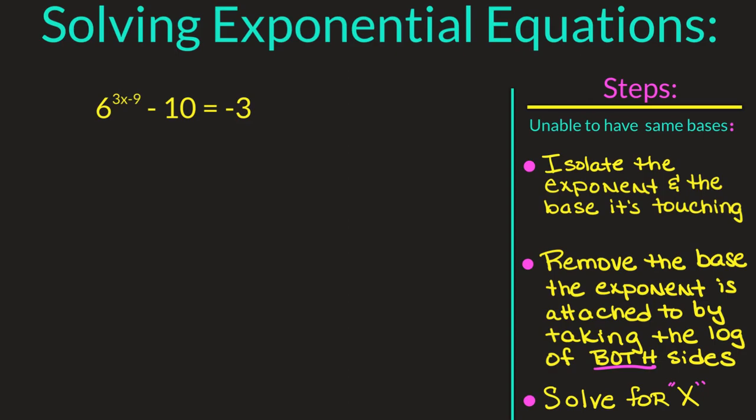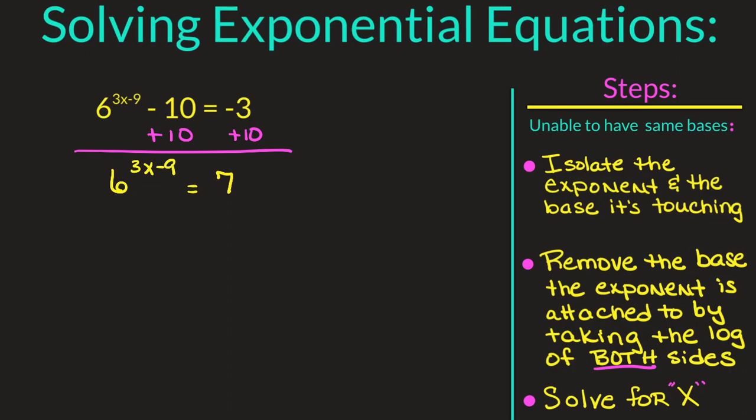Looking at example 3, we have 6 to the 3x minus 9 power minus 10 equals negative 3. So let's isolate that 6 base. We're going to add 10 to both sides, leaving us with 6 to the 3x minus 9 power equals 7.